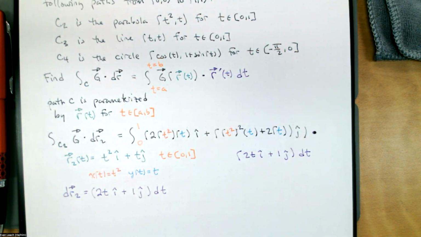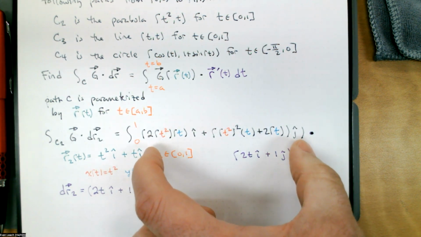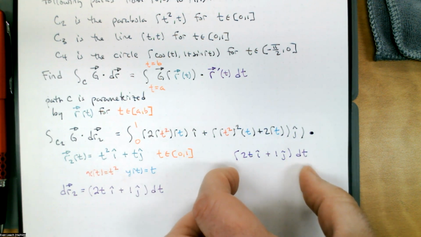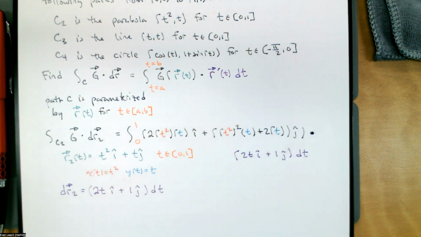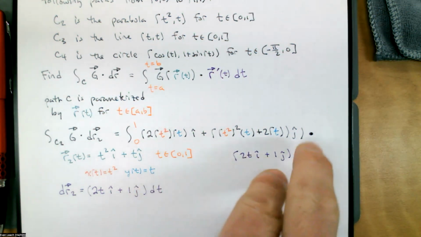At every point on the curve, we're looking at the vector from the vector field. Here's the vector from the vector field at all the points on the curve. And here is the direction of the curve. And I want to know how much of one is going in the direction of the other. Now we need to calculate the dot product. So I multiply the i components and multiply the j components.